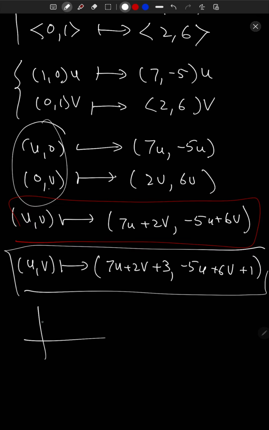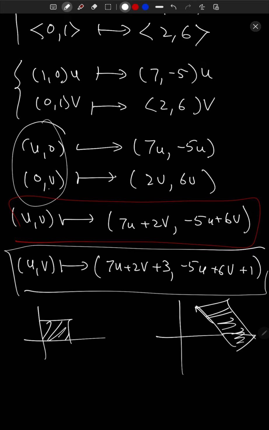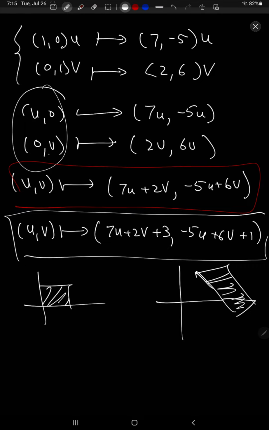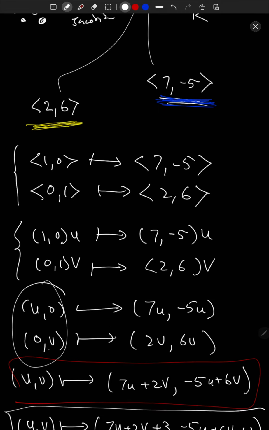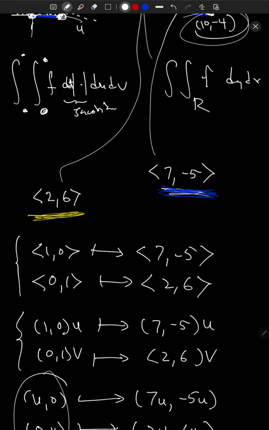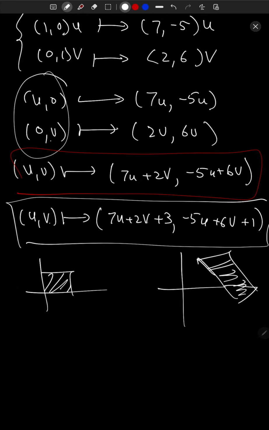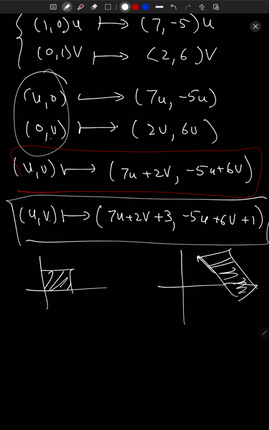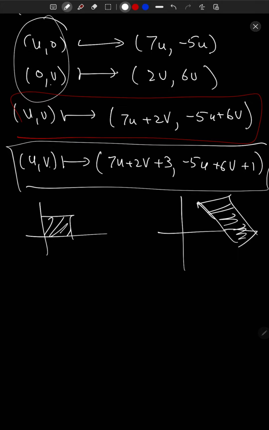All right, so now it literally looks like this guy going to that guy there. And you can check it. If I plug in (1, 0), I should get, what was that point up there? (10, -4). Yeah, it looks like it's going to be okay. All right, so this creates my mapping.